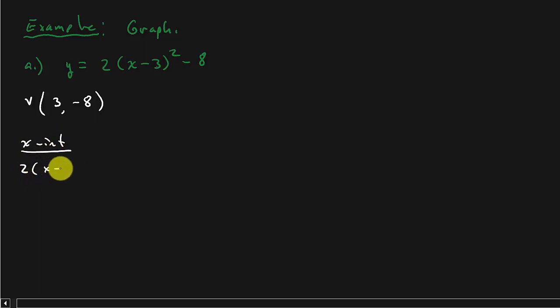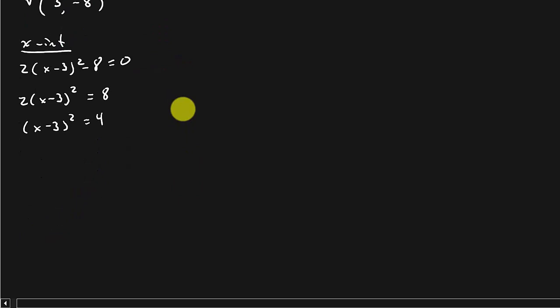So we've got 2 times x minus 3 squared minus 8 equals 0. I want to get the squared part by itself. Use the square root property once I isolate the squared part. So that's 2 times x minus 3 squared equals 8. Divide both sides by 2. So x minus 3 squared equals 4.